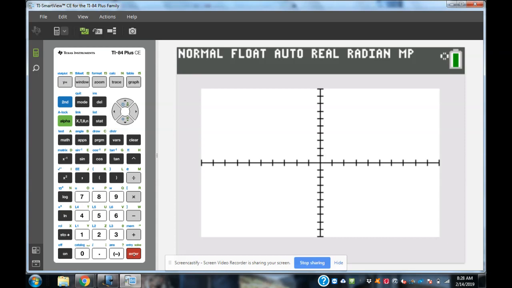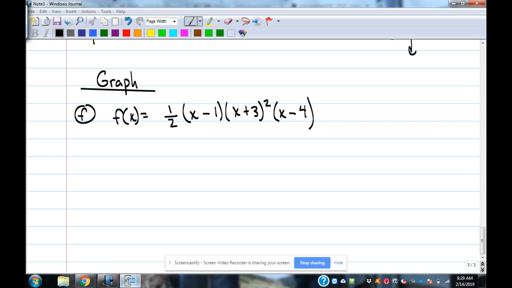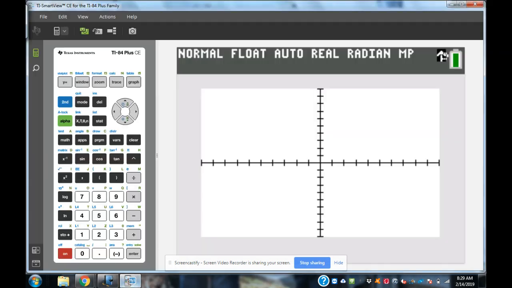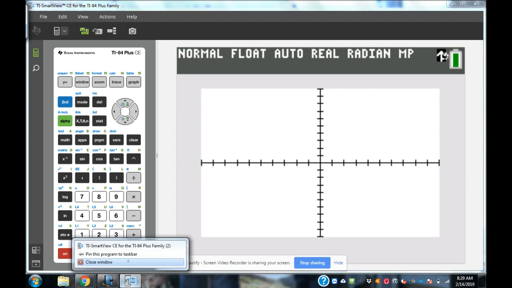Good question. And it's still not working. I don't have that option here to just turn it off, close it. Maybe I won't. I don't know. Whoa, that was weird. Close.